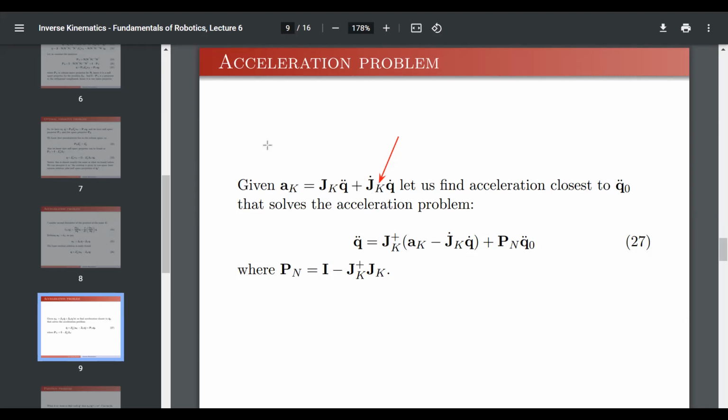You're not so lucky always. If you were working in the state space, you might have at the same time trying to find AK, and you might have at the same time trying to find Q dot and Q double dot. That is possible to do in state space formulations, maybe, right?